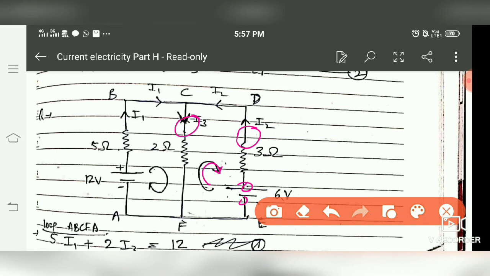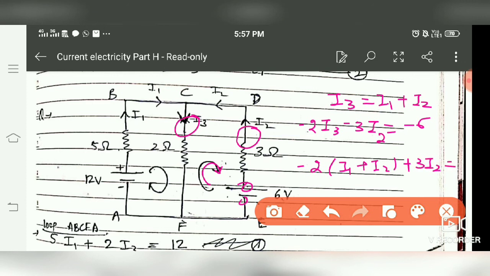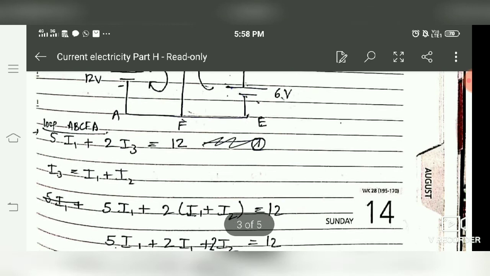So we get minus 6 volt is equal to minus 2 I3 minus 3 I2, where I3 is equal to I1 plus I2. Minus cancels with minus, we get 2 I1 plus 5 I2 is equal to 6. So we get two equations.